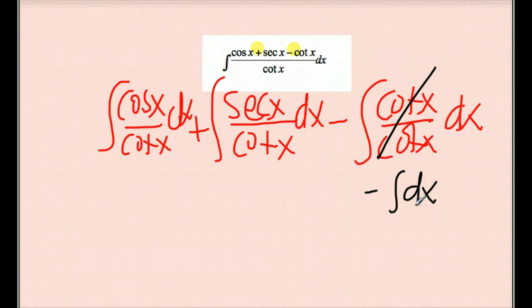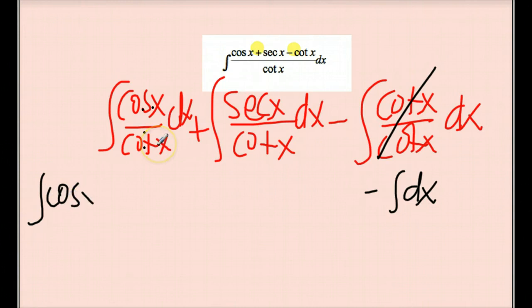And then we take a look at these next two, and I want to get rid of this cotangent. So the first thing I notice is, in this case, I don't have a problem that has a cosecant and a cotangent. Technically, I could use cotangent in my denominator, but let's actually flip this around just a little bit. And what I'm going to do is I'm going to get a cosine of x.